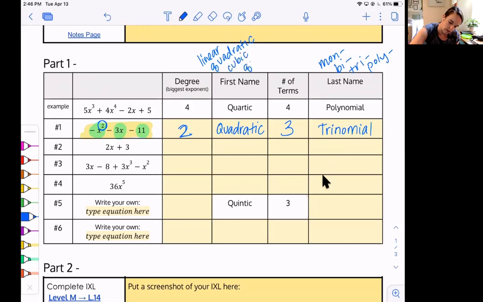Just gonna finish writing these here. Cool. All right, why don't you try number 2? So Angela and Kim, try number 2, and then tell me what you think the first name is and what the last name is.